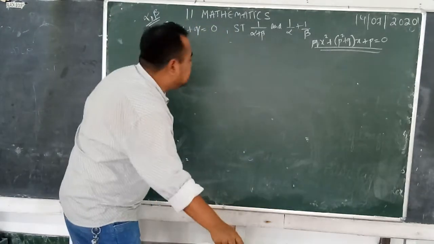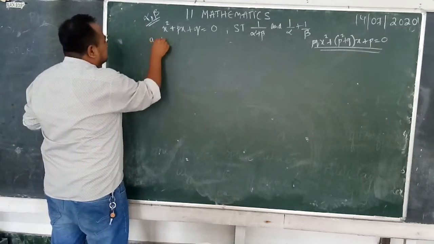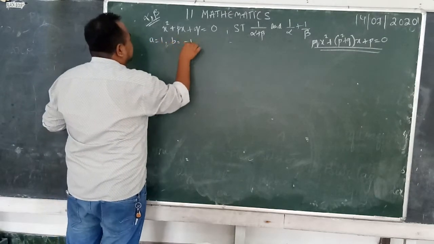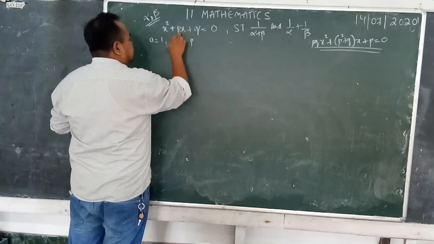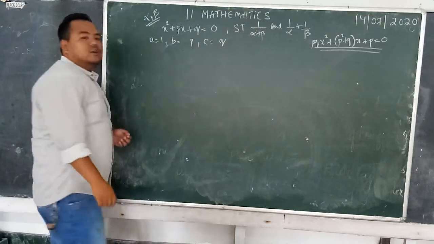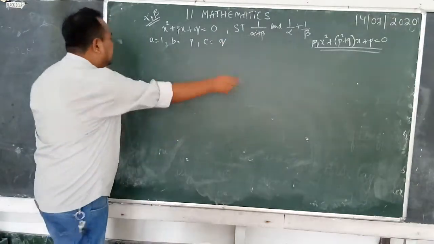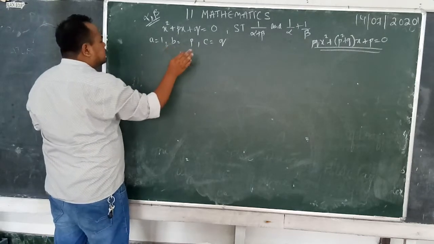So how do I do that once again? What is A? A is 1. What is B? B is P, coefficient of x. And what is C? C is the constant. If you understand this, trust me, you will be able to do any question on type 1. So this is the first step which you need to do.